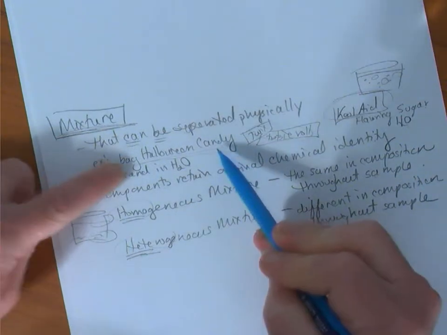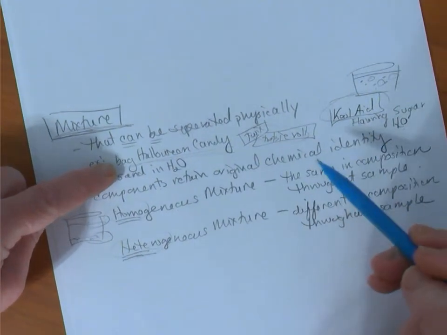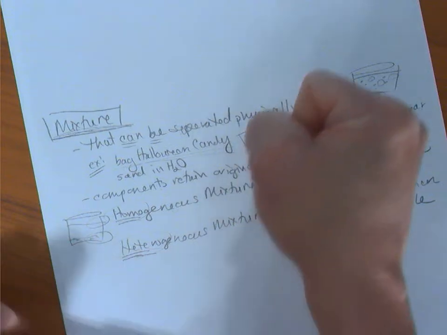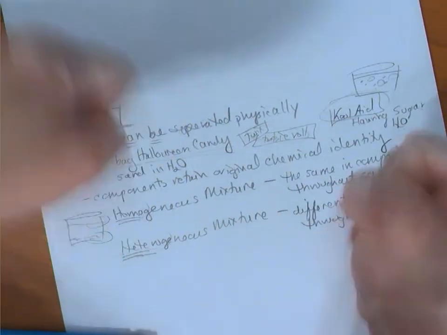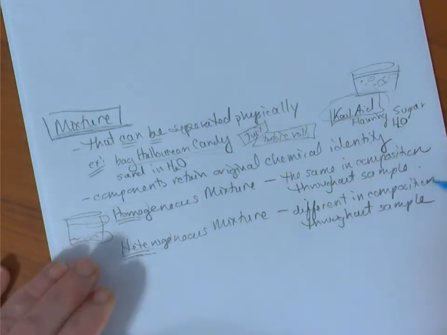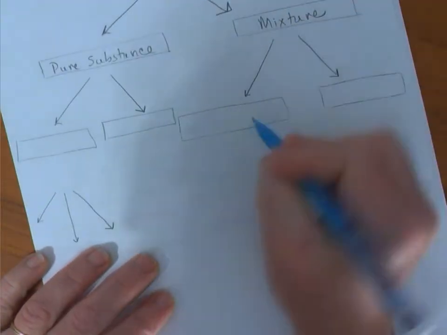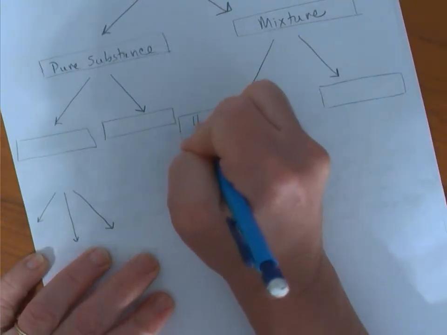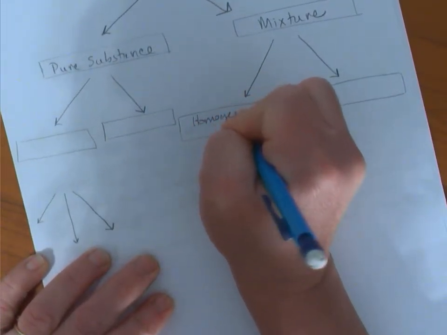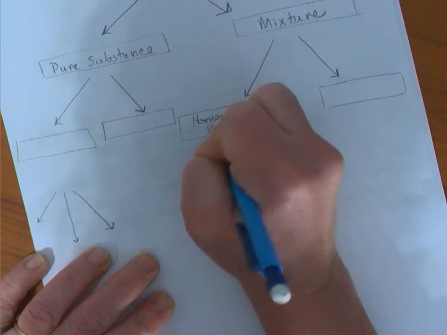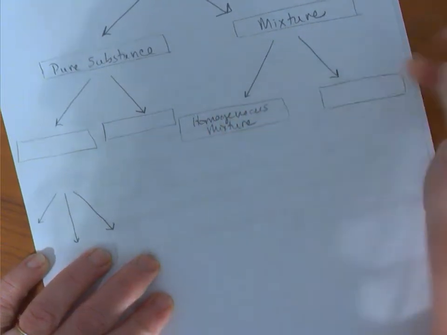Your bag of Halloween candy. It's very unlikely that if you grab a handful from one area and a handful from another area, that they will be identical in their composition. So, if we go back, it doesn't matter which one, but this would be, for example, a homogeneous mixture and then a heterogeneous.